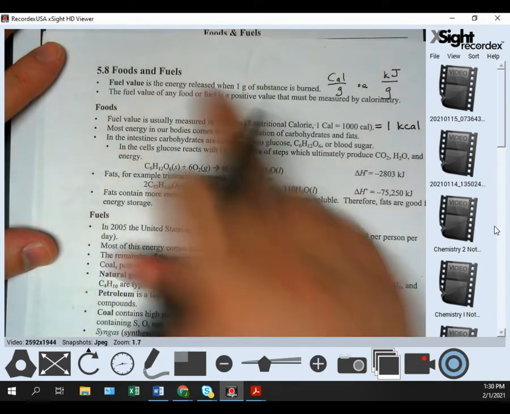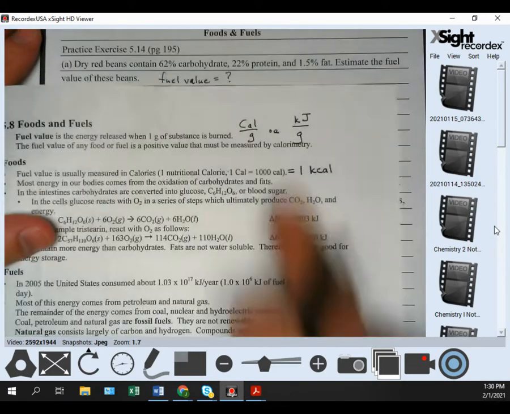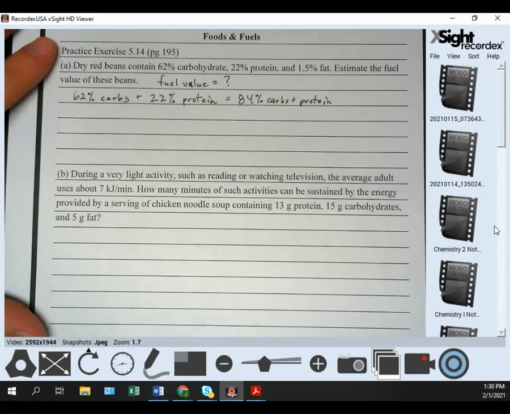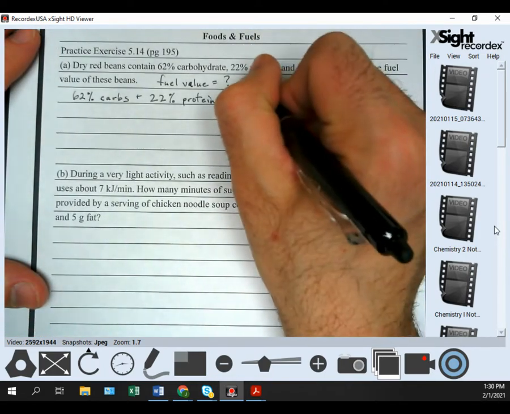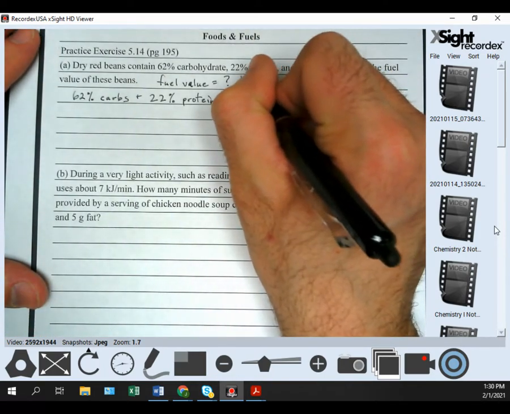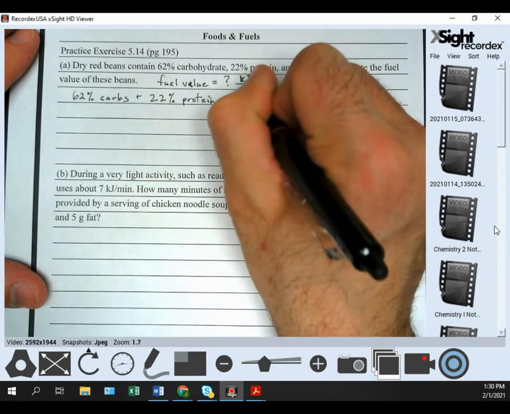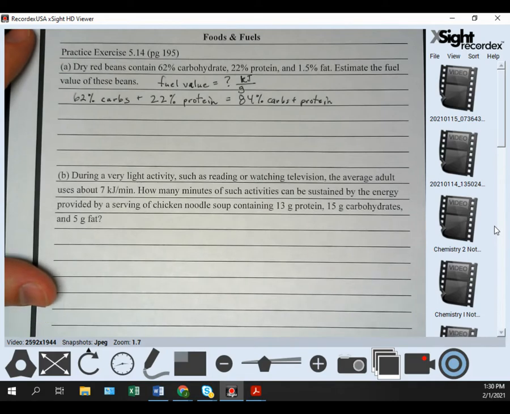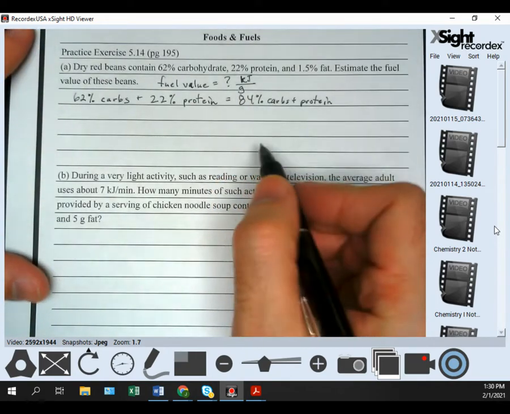The energy released. So we're looking for something in kilojoules or calories per gram. Everybody okay with that? Okay.